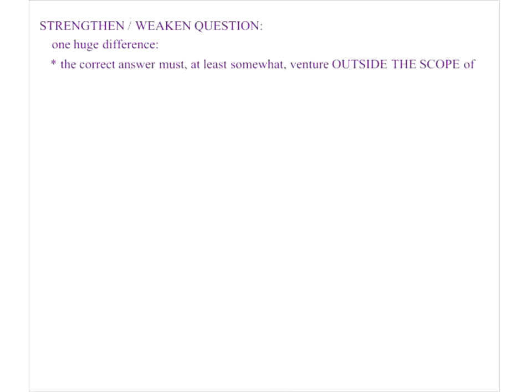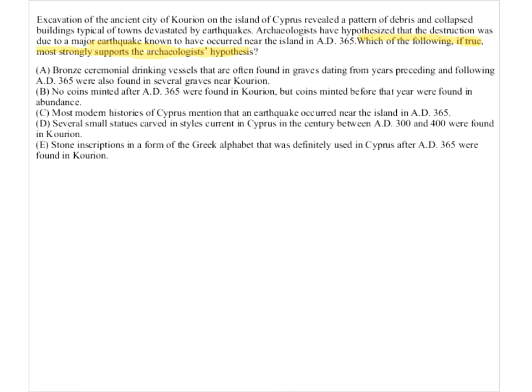When you have a strengthen or weaken question, one huge difference is that the correct answer must, at least somewhat, venture outside the scope of the immediate argument, i.e., introduce something new. Because think about what you're being asked to do. There are 2 things to notice here. The first is that it says, if true.